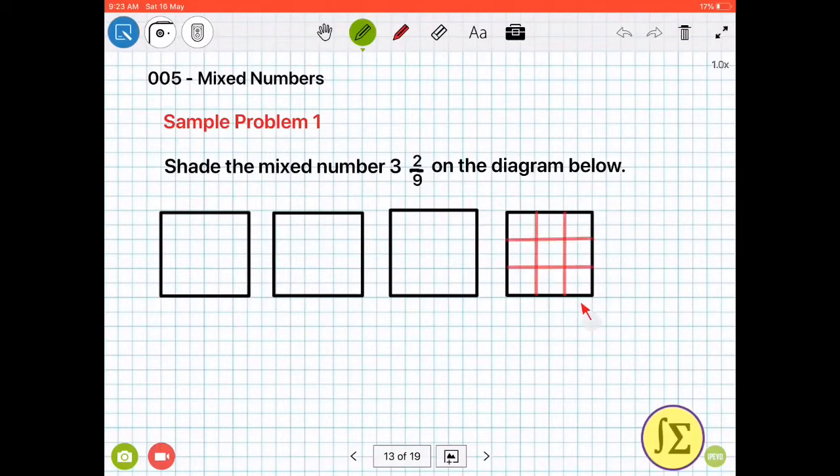Okay? Alright, so we have to divide that last square into 9 equal parts. Alright, so now we can do our shading. So we'll shade the whole numbers first. That means we shade fully the 3 squares. Okay, that's 1.